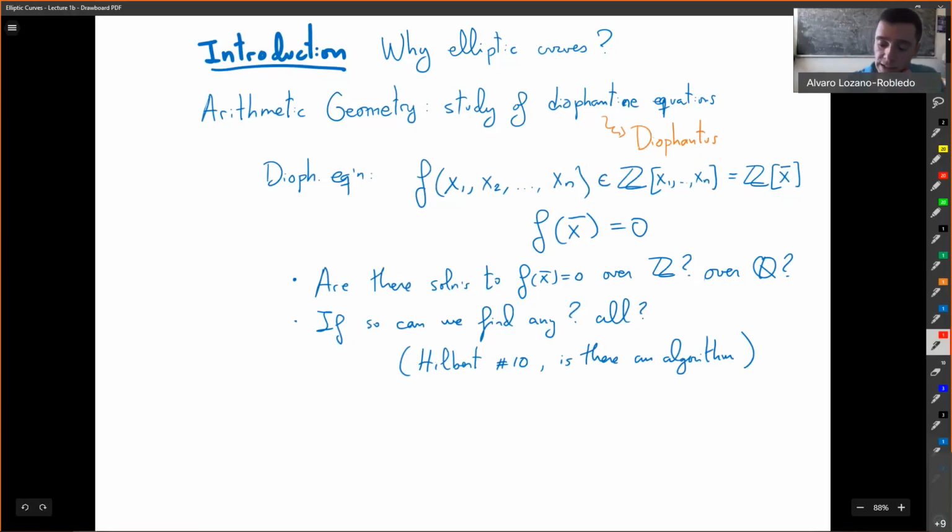This was surprisingly answered negatively by Matiyasevich in the 70s. Said no, and this is over the integers, so there is no algorithm that would give you an integer solution in general, but of course there are algorithms that will give you solutions for specific types of Diophantine equations.